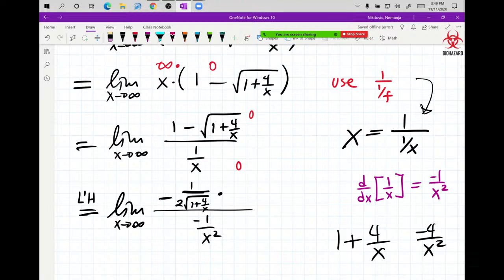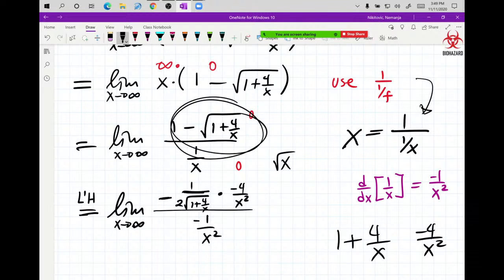So times negative 4 over x squared. That's the chain rule. Why do we have a chain rule for this derivative? Because it's not root x. It's root of some mess. And that mess will have times g prime, right? Which is the chain rule.